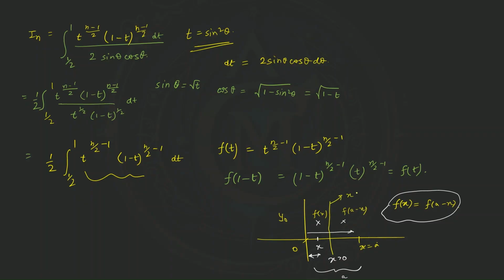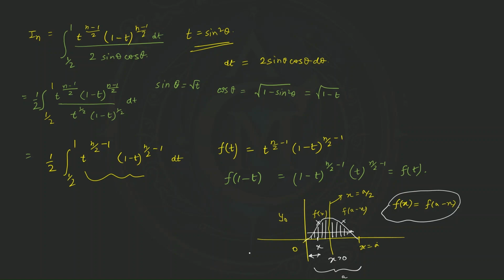This line is x equal to a by 2. So if a function is symmetric about this middle line, then these two areas will be equal, right?